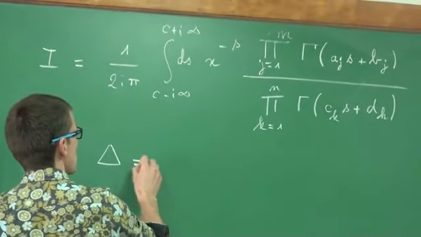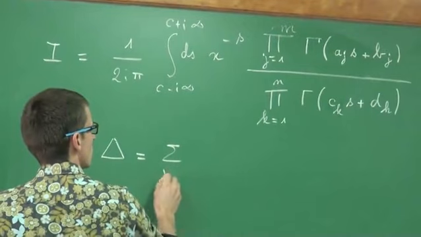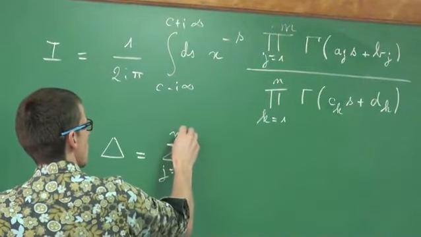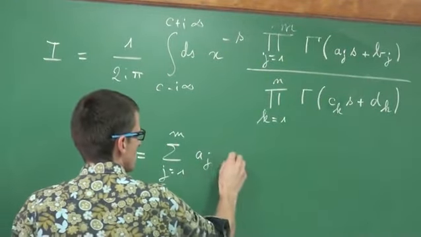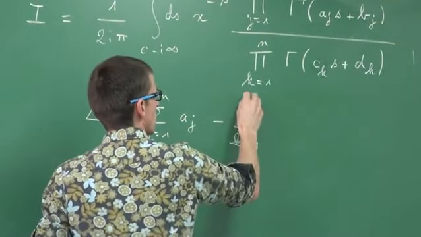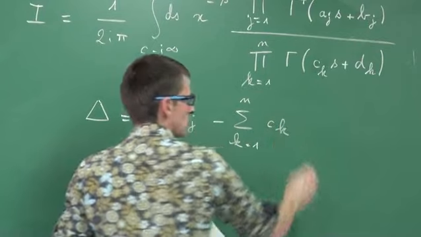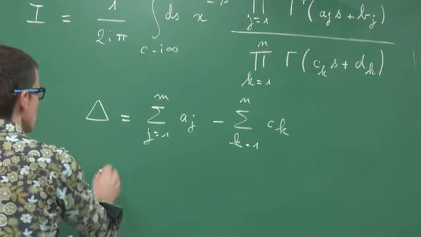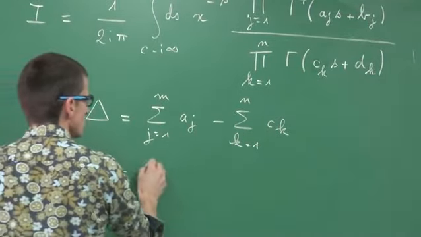The quantity delta, which is the sum over j of a_j minus the sum over k of c_k, and the same quantity but with absolute values.